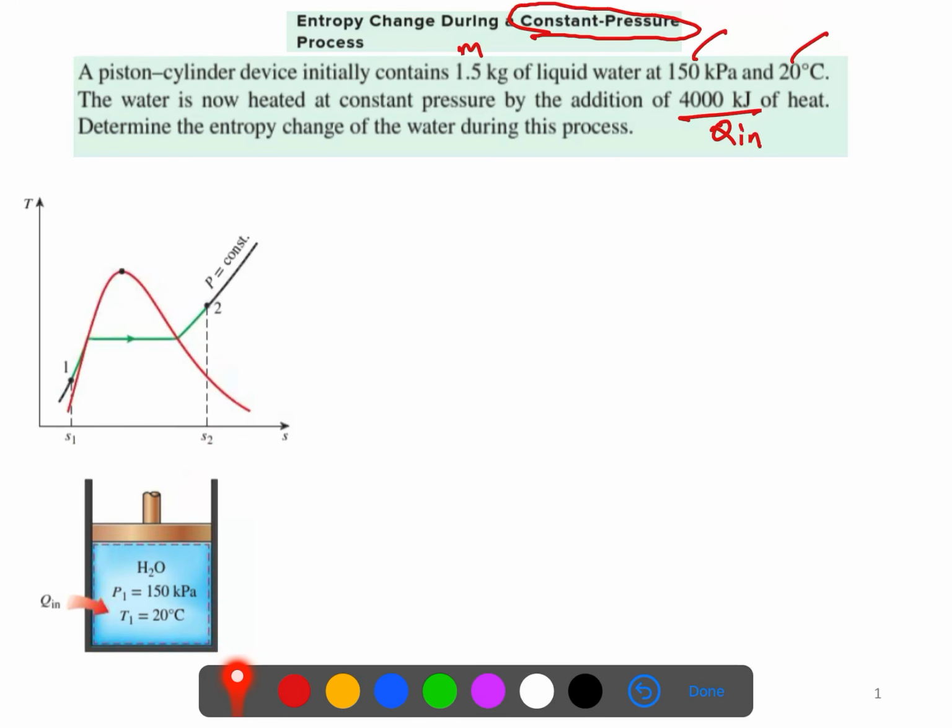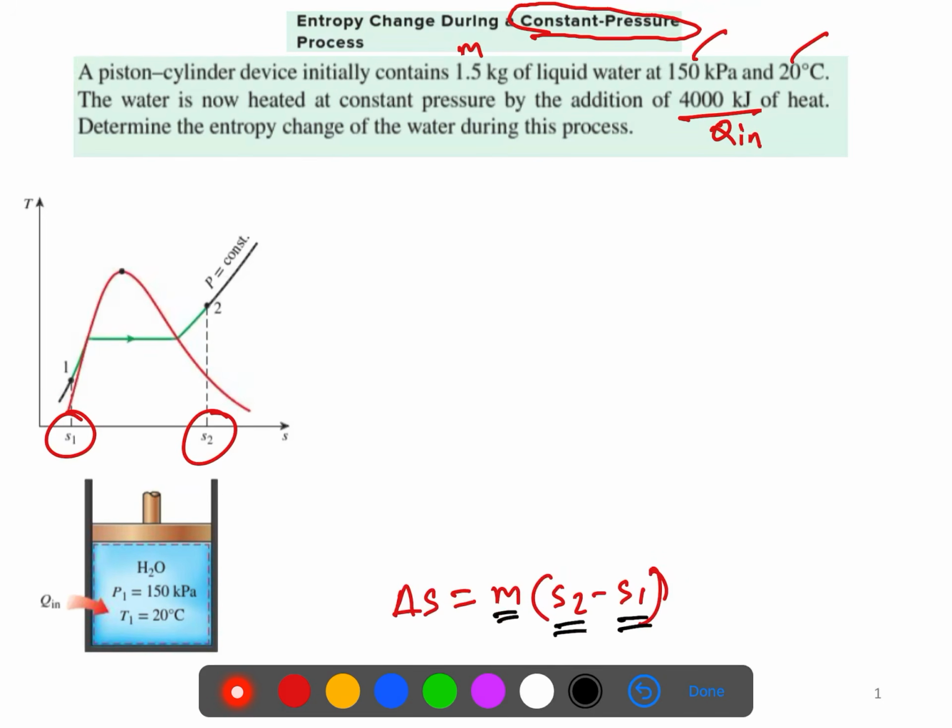We need to calculate delta S, and we know the formula: delta S is equal to m times (S2 minus S1), right? So that means we need S2 and S1.